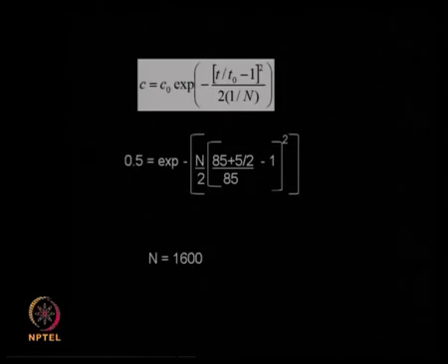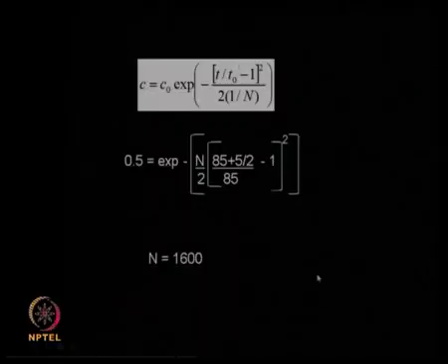If you know the width at half maximum, we can calculate the number of theoretical stages using this particular relationship, or if you know the standard deviation, sigma T0 is equal to standard deviation. So from there we can calculate sigma, and as you know sigma square is equal to 1 by n. So we can get the value of n. So both ways we can calculate the number of theoretical stages or number of theoretical plates.